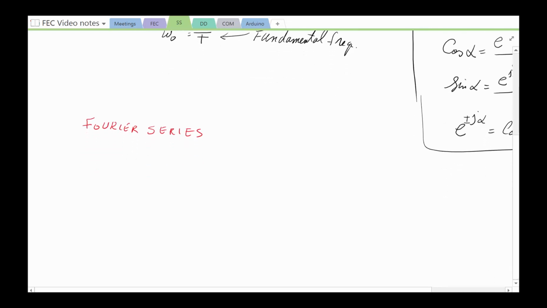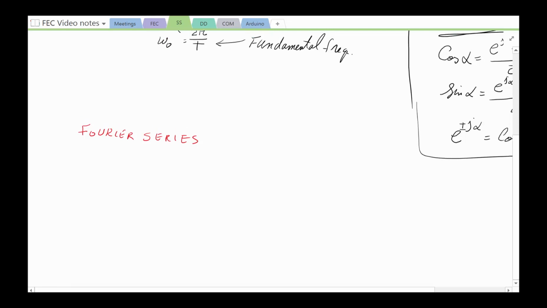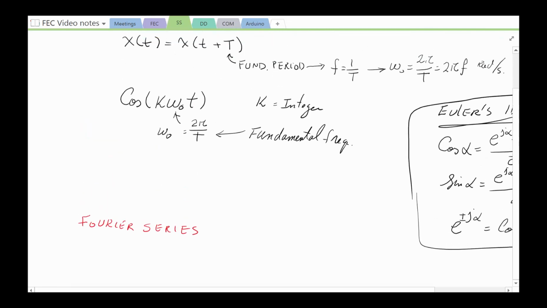I can write the signal as components in frequency. Not only that, the components will only have non-zero values at discrete points, at harmonics.